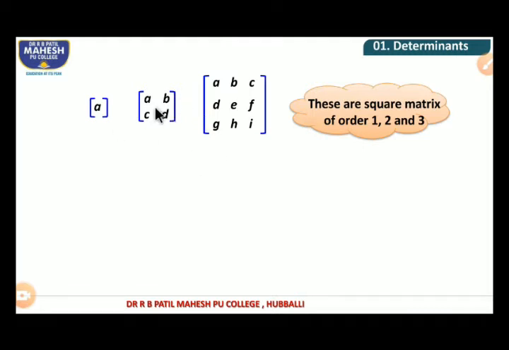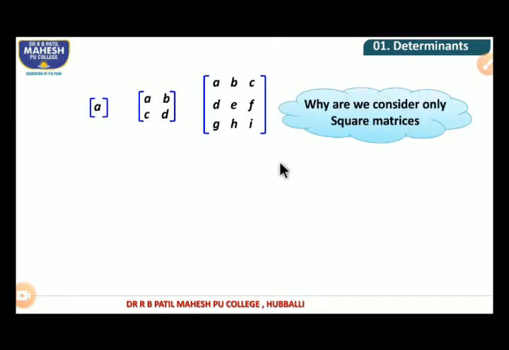The second matrix consists of 2 rows and 2 columns, therefore it is a matrix of order 2, and this matrix has 3 rows and 3 columns, which is known as a matrix of order 3. So these 3 matrices are examples of square matrices of order 1, 2 and 3.